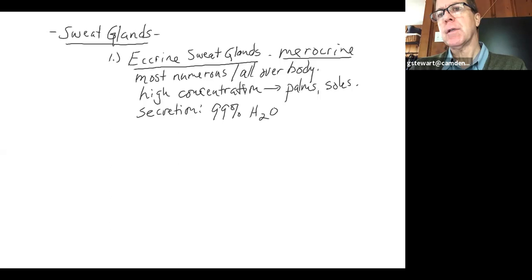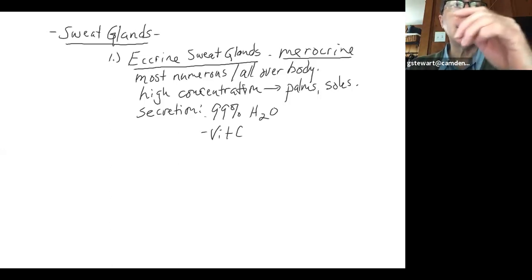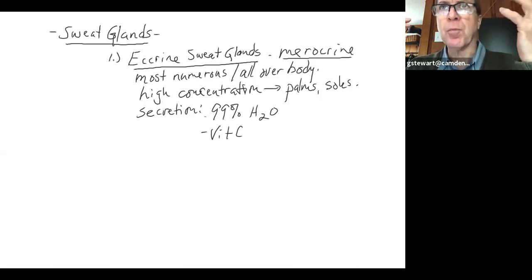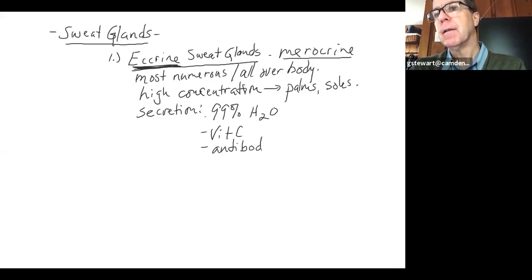There's also typically some vitamin C found in the secretions of normal everyday perspiration. You go outside and it's sunny and it's hot and you start to get sweat on your brow or all over your body. That's what these glands are, these eccrine glands. There's vitamin C. We also find some antibodies in normal sweat.